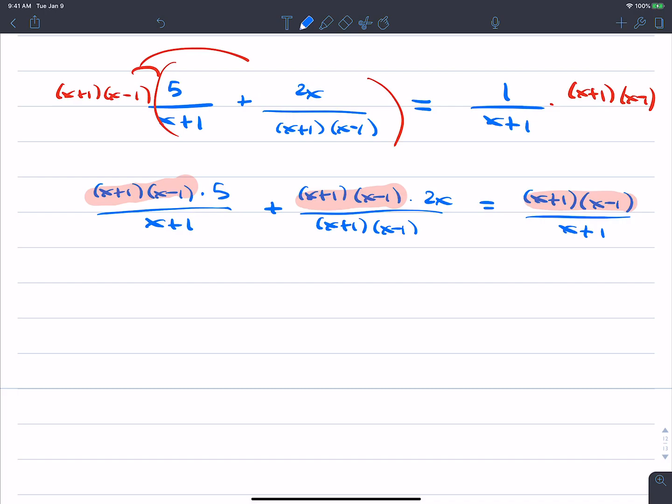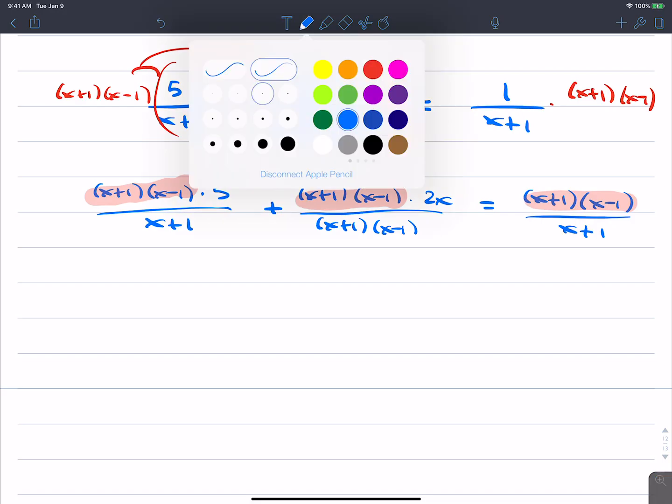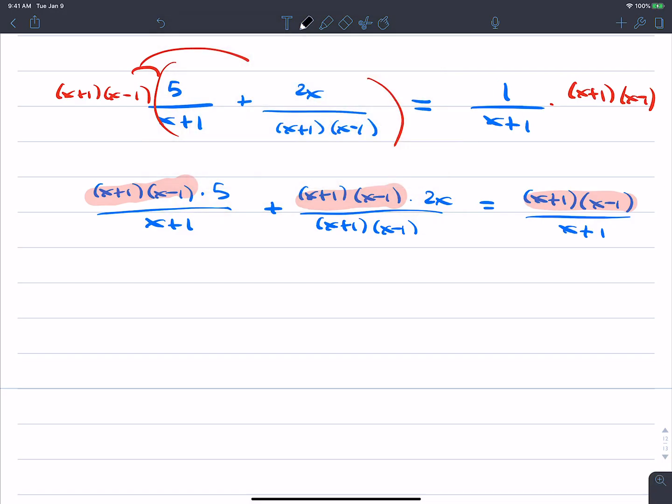So double check to see if we did this okay, right? Now, what should happen again? Some nice cancellation. X plus 1, you're gone. Is that right? What else is gone? X plus 1 and, oh, x minus 1 right in here. Then over here we got x plus 1, x plus 1.